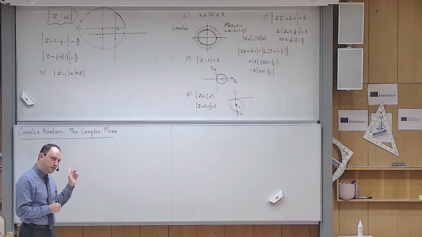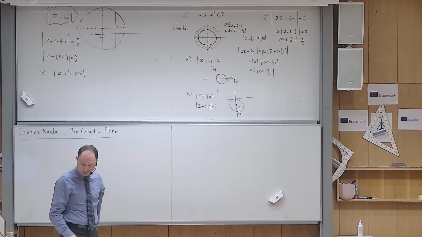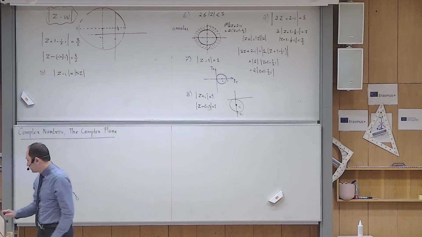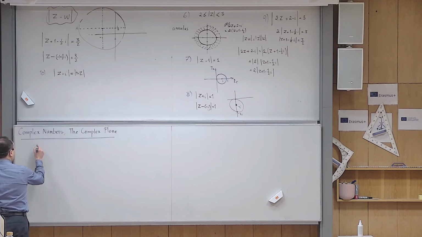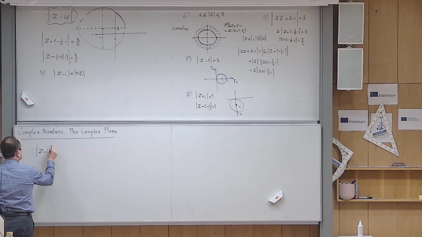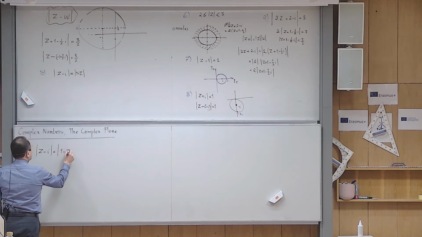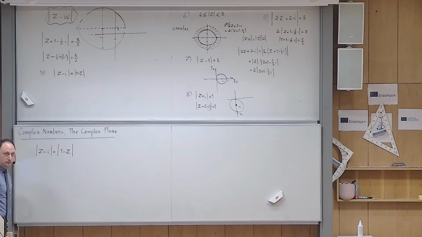Okay, so let me first solve this problem algebraically for you because that is the most natural way to do it. If I want to do that, let me write it here. I want to know the points z with that property.